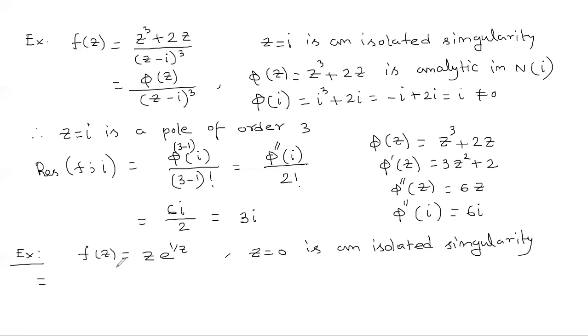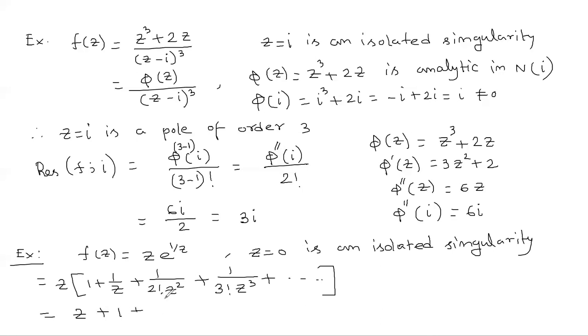So if we expand the function f of z, we'll say it is z plus 1 plus 1 by 2 factorial into z plus 1 by 3 factorial into z square and so on. So here we can see in the principal part there are infinitely many terms present.